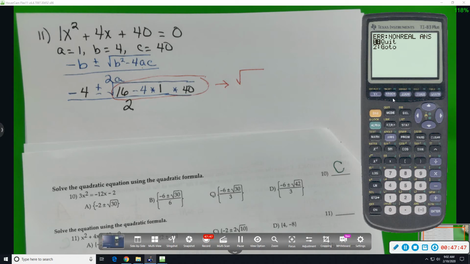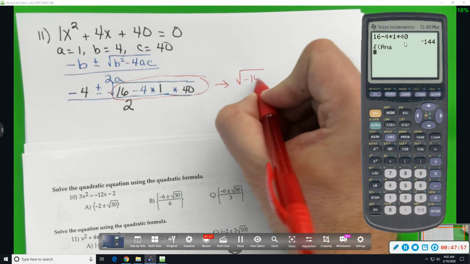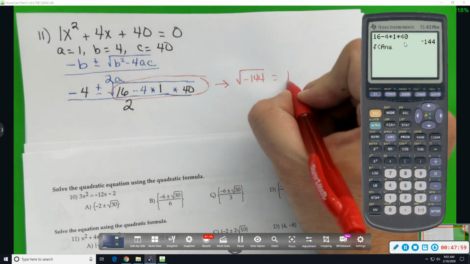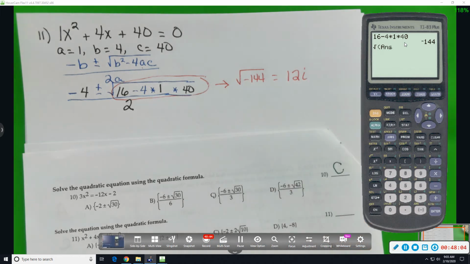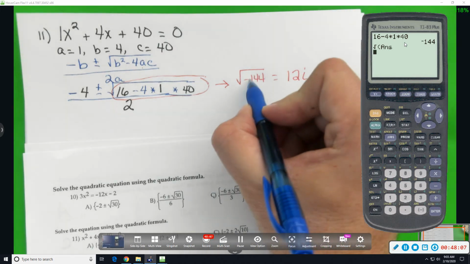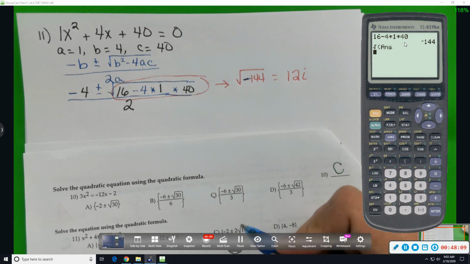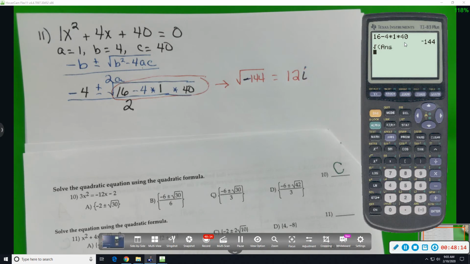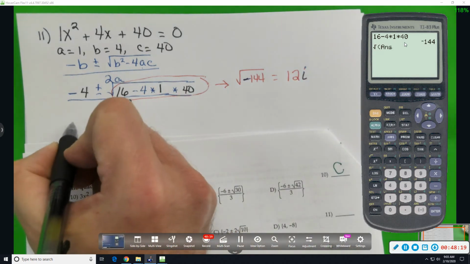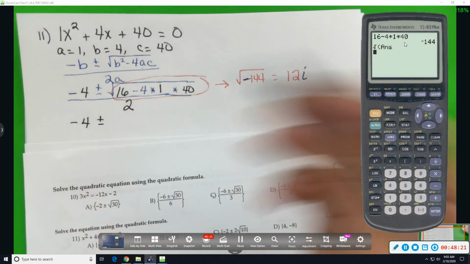Non-real answer. What is it trying to say that this is? It's an imaginary number. That square root of negative 144. The square root of 144 is 12, and then you've got to put an i on it because of this little negative under the square root. Okay? So write it all as one color.